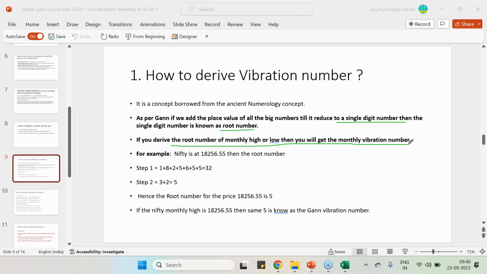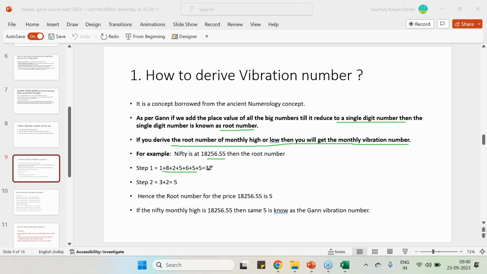If you want to get the root number of, say, the monthly high and low, then you have to add all digits including the decimal places. If you are using 2 decimal places, you have to add those 2. If you are using 4 decimal places, you also have to add those. If you are using 6 decimal places, you also have to add those. So all digits, everything you have to add.